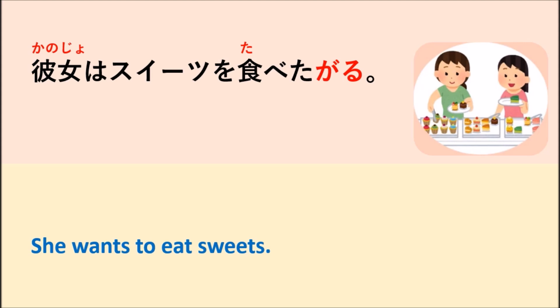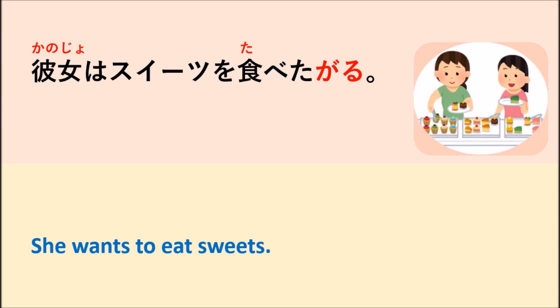So for every word that ends in i, when you use it with garu, you should cut out the i. So in this case, they say 食べたがる, not 食べたいがる, right?